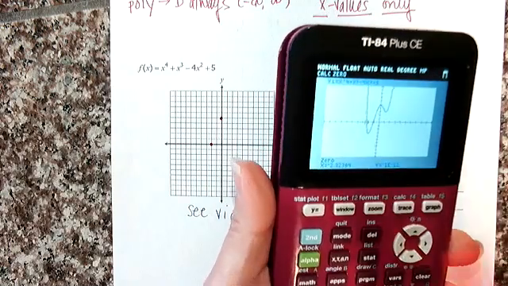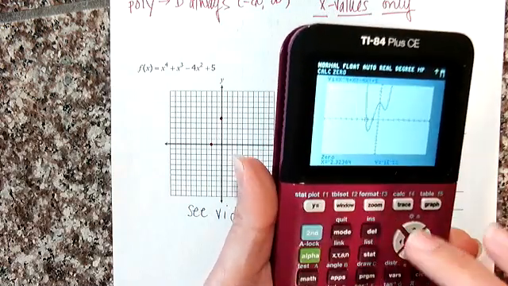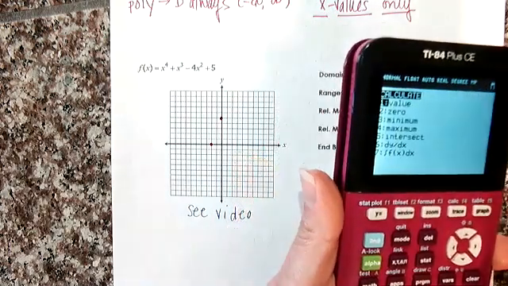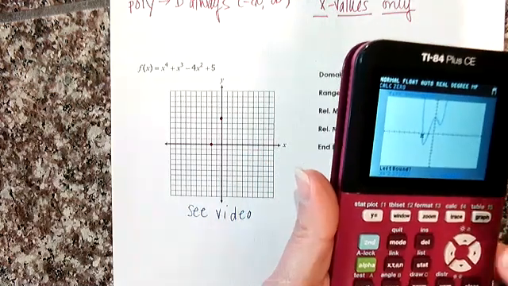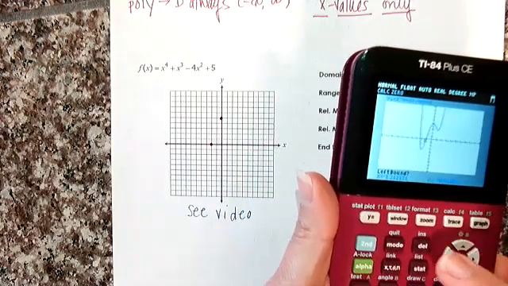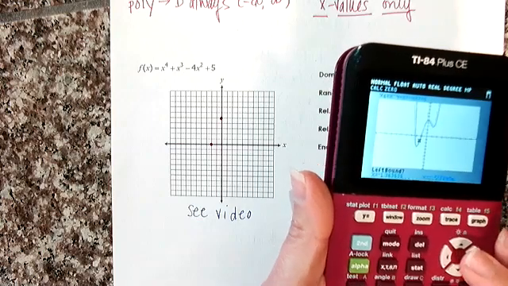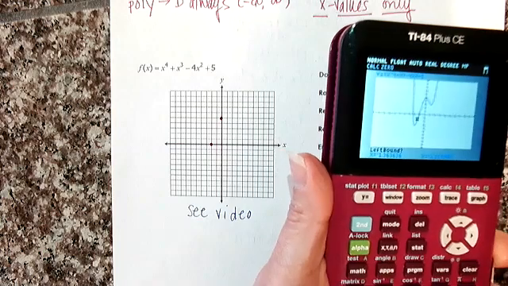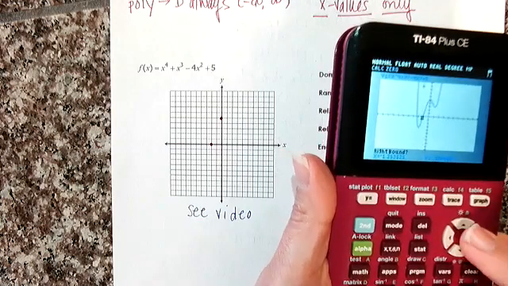x-intercept. So I'm going to do that again. Second, trace, number 2. So you can either arrow down and push 2 or just push the number 2. Now I want to find the next x-intercept. So I'm arrowing, getting close. You don't have to be exactly on top of it, but somewhere below the x-axis, push enter.